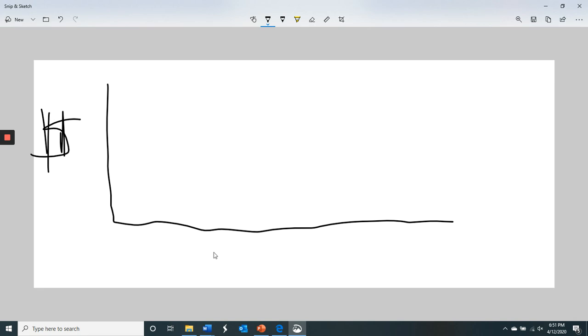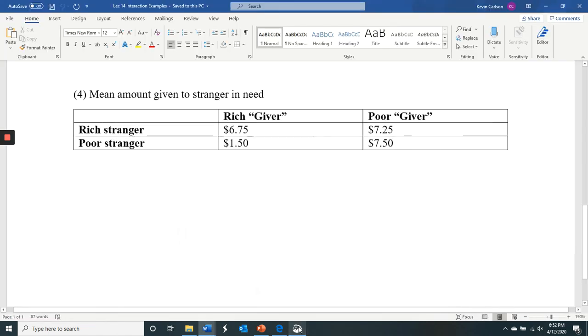Remember, I actually want the poor stranger to be here. Sorry about that. So let's have the poor stranger. That's our confederate, somebody working with us, the same person just dressed differently. So how good they look and things like that don't matter in terms of their face. And then we have the rich giver and poor giver.